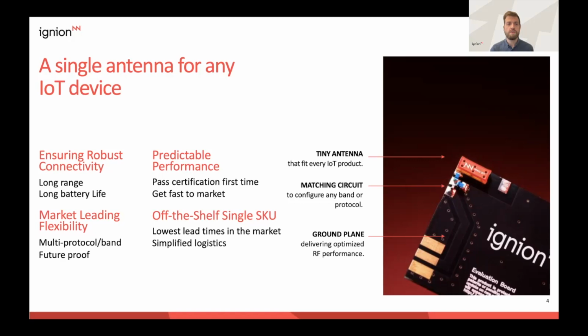The virtual antenna and its wireless performance is defined by the matching network circuit and the PCB ground plane. So I also have a board here. The virtual antenna makes the whole PCB become the antenna.